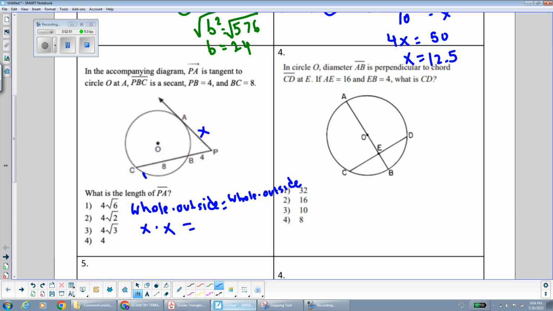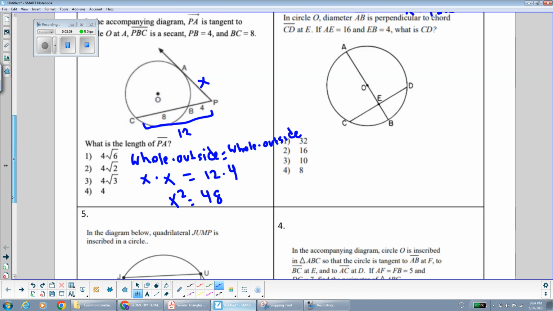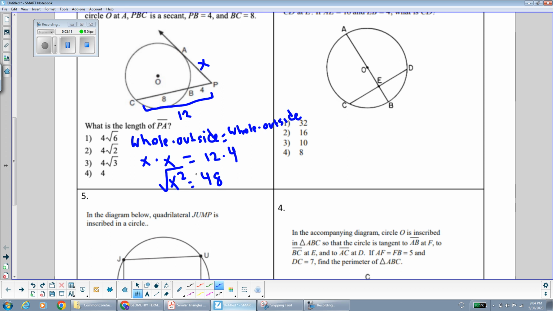And for the secant, the whole is 12 and the outside part is 4. So we have x squared is equal to 48. And if you use the calculator trick to simplify your radical, radical 48 simplifies to 4 radical 3.